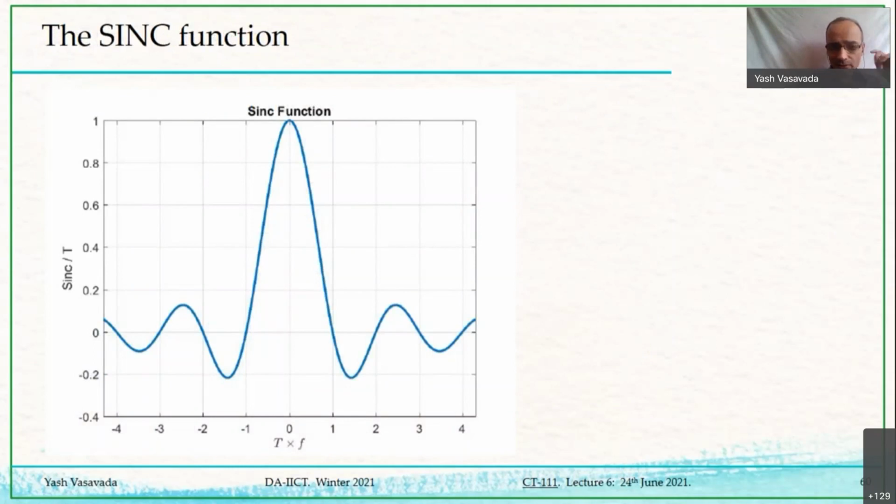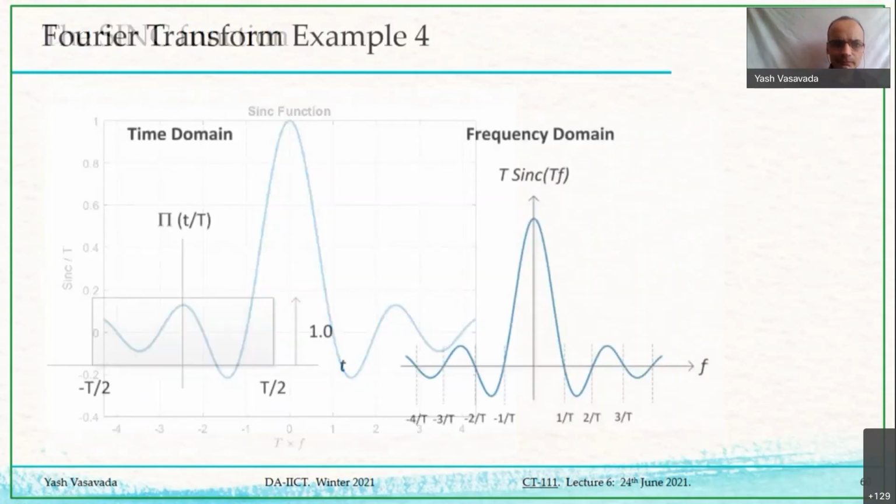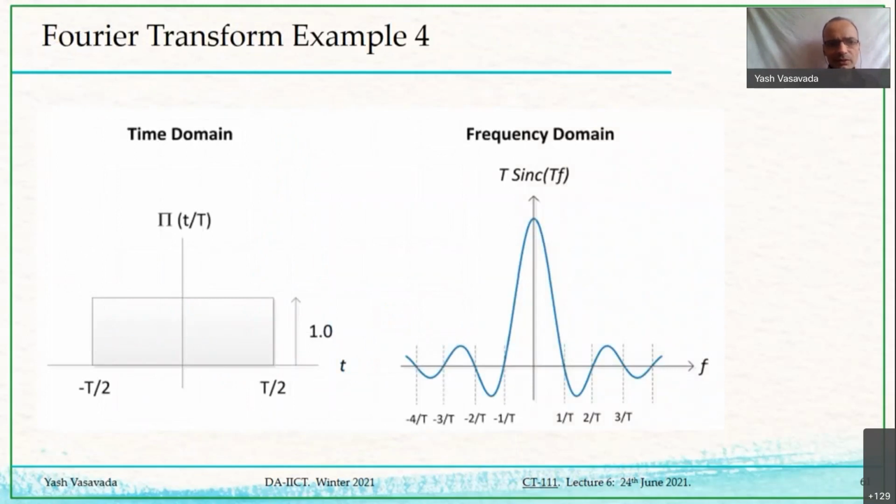This is, I think, what you have practiced in your lab. So it's a kind of decaying sinusoid. As you go away from 0, these ripples become smaller and smaller. And so now we have another Fourier transform pair. If I take a rectangle and take its Fourier transform, it becomes this type of wavy pulse, which kind of decays out.